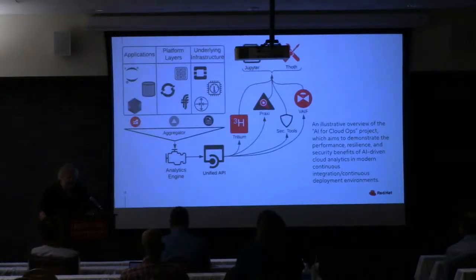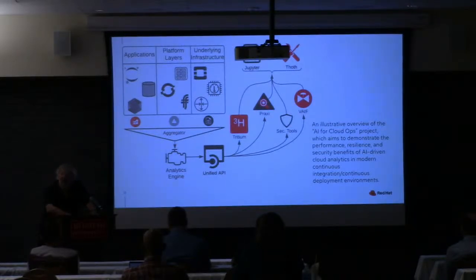So this is just an illustration of the work that is going on at BU in the area of ML cloud ops or AI ops or whatever you want to call it. And we've been very involved in this from the Red Hat side as well. So you basically have applications, platform layers, underlying architecture.